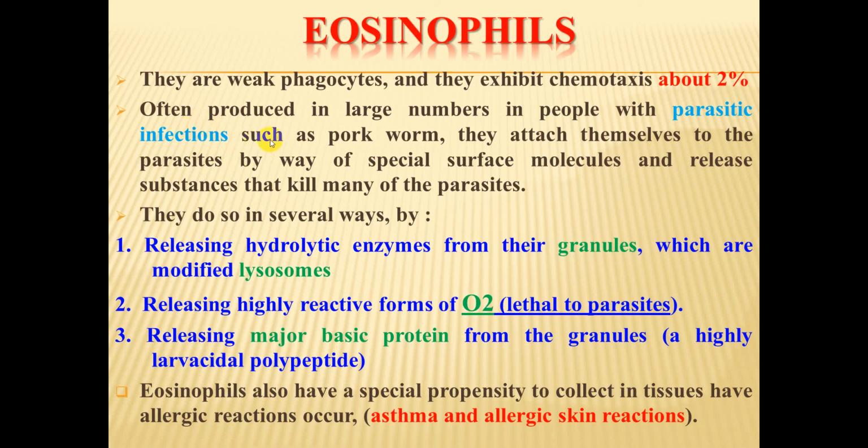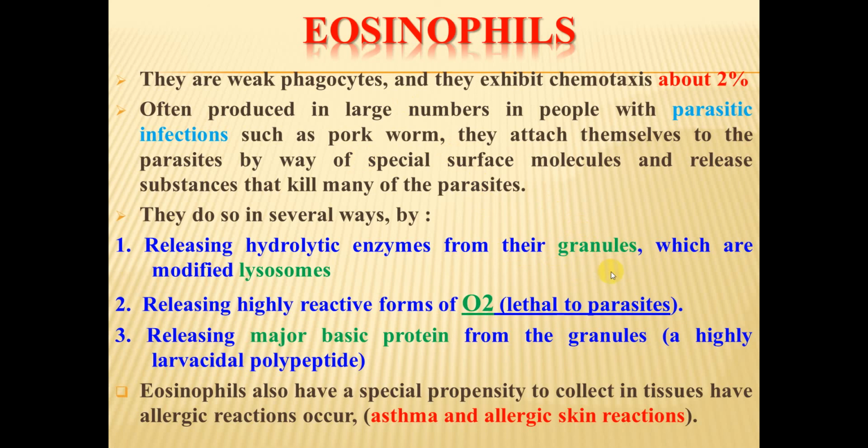Often produced in large numbers in people with parasitic infection. إذا يستجيب للparasitic infection such as blood worm, they attach themselves to the parasite by way of special surface molecules and release substances able to kill these parasites. They do this by releasing hydrolytic enzymes from their granules.